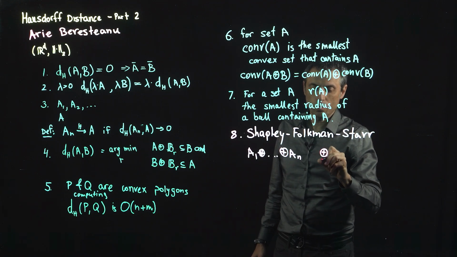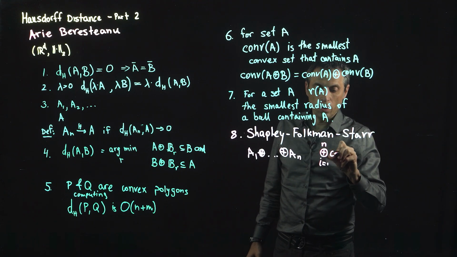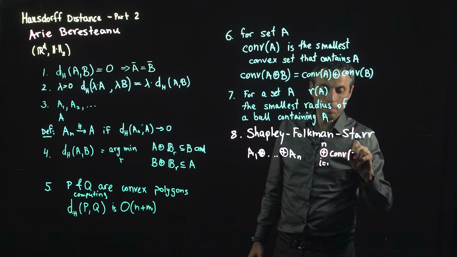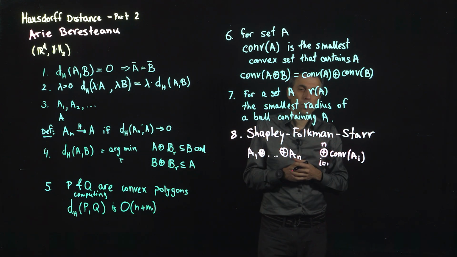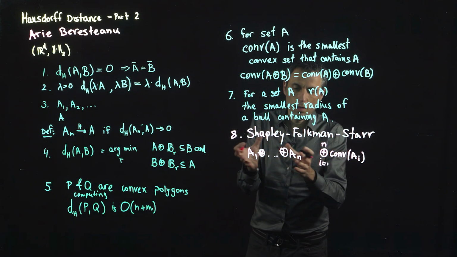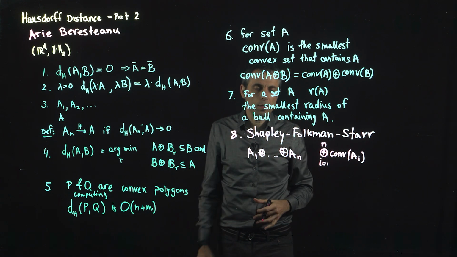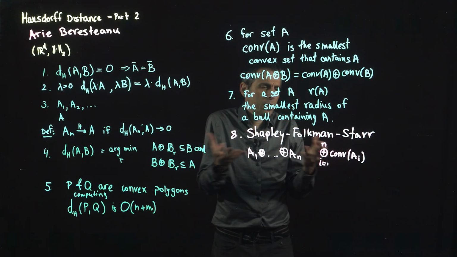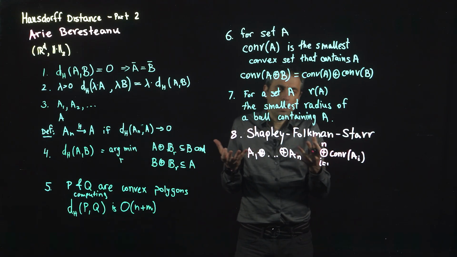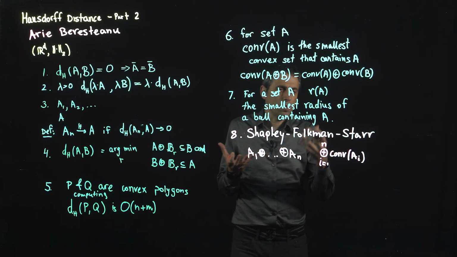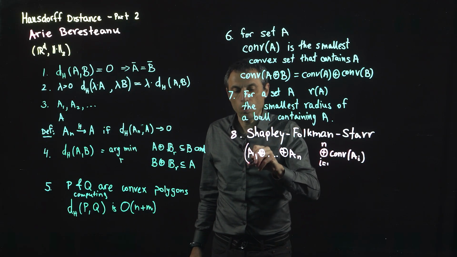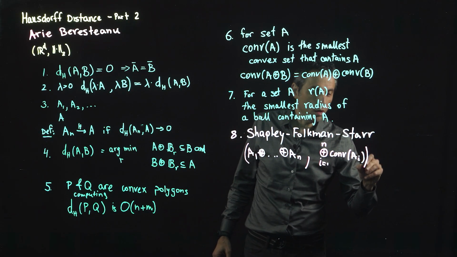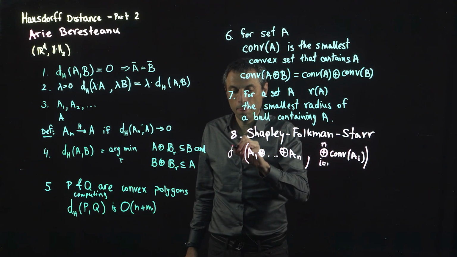I'm going to do this operation, i goes from 1 to n, and I'm going to first convexify them and then sum them. So this is the sum of the convex hulls, and this is just the sum of the sets themselves. And I'm asking myself, how different is the sum from the sum of the convex hulls of the sets? Okay, so let's take the Hausdorff distance between them.